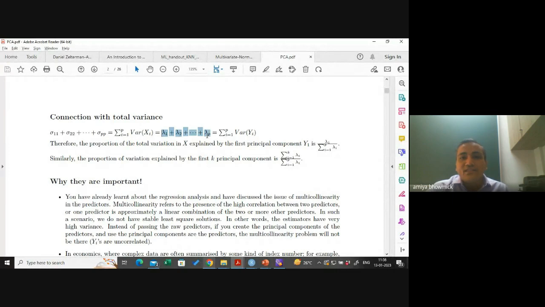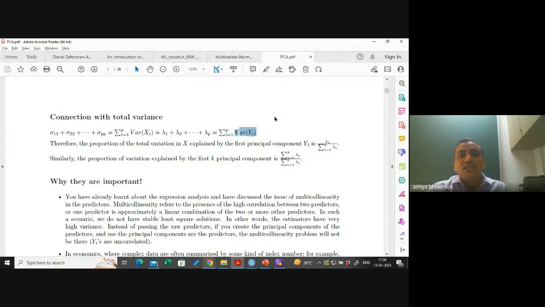The variance of y1 is lambda 1, the variance of y2 is lambda 2, so the sum of the variances of the principal components again turns out to be the same. That means the total variation within your original predictors and the total variation within the linear combinations of the predictors, which are the principal components, remain the same.